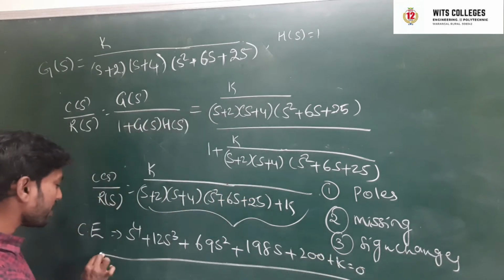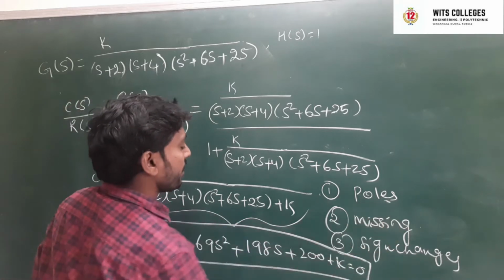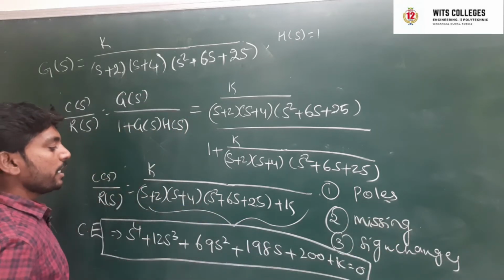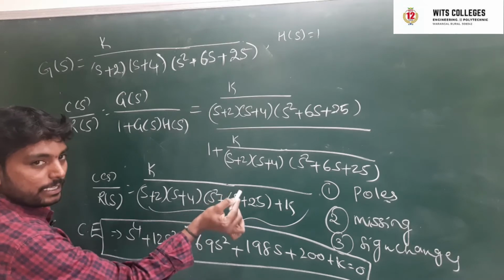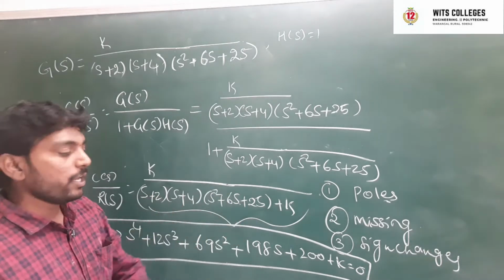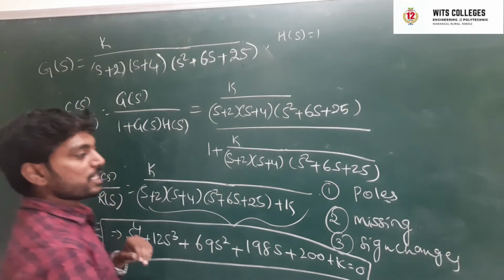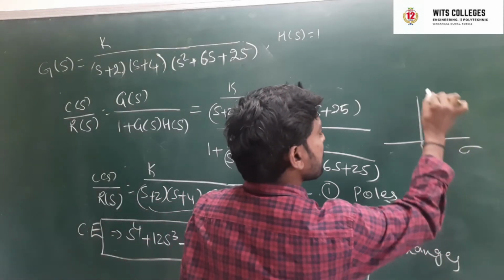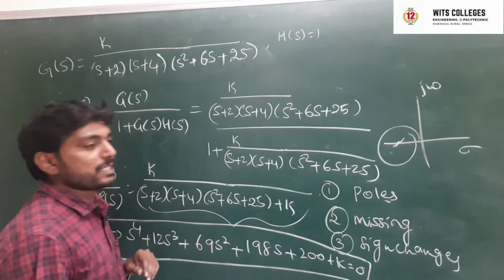First, the poles located on the left side of the s plane. How many poles are there? 4 poles. The second order factor gives 2 poles, so the total number of poles is 4. These 4 poles are located on the left side of the s plane, with the real axis and imaginary axis shown.